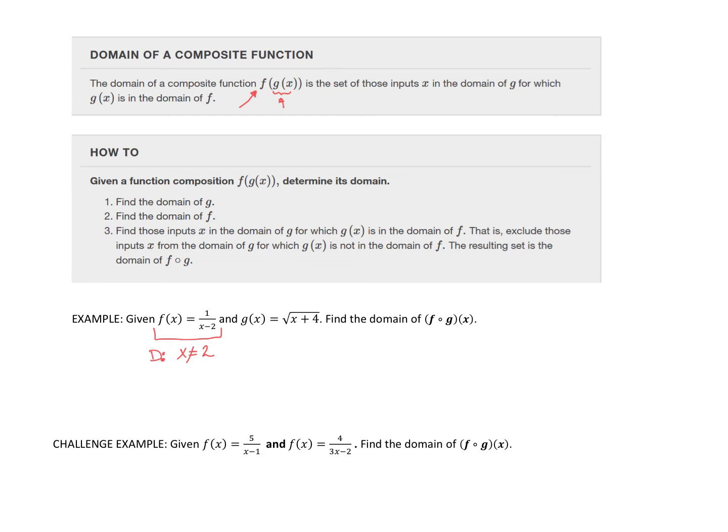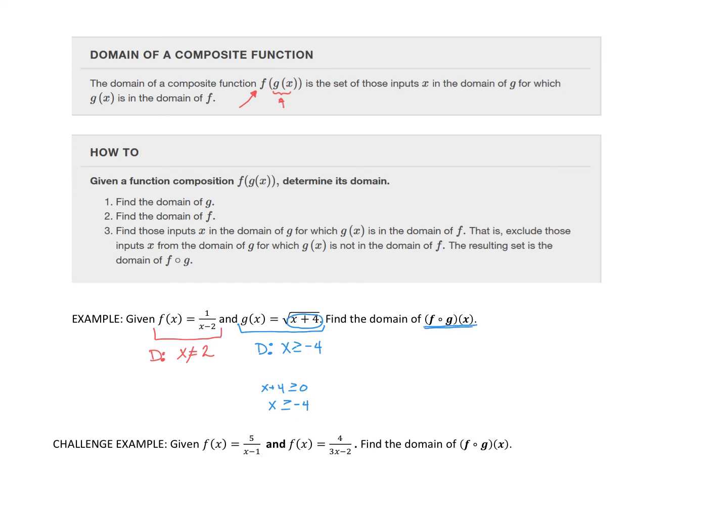And for g of x, we know that the domain comes from x plus 4 being greater than or equal to 0, or x being greater than or equal to negative 4. All right, so we want to find the domain of f of g of x.